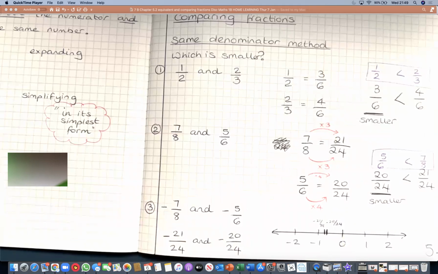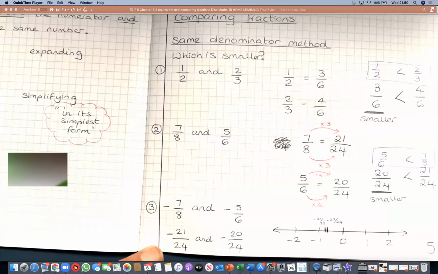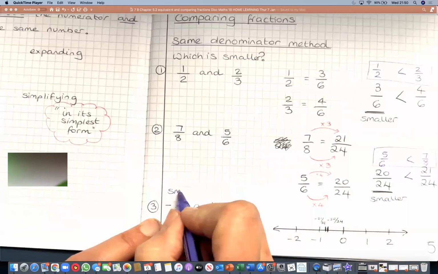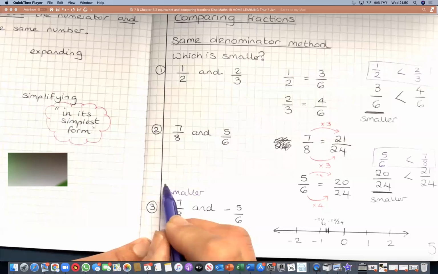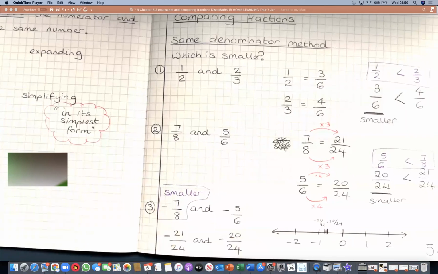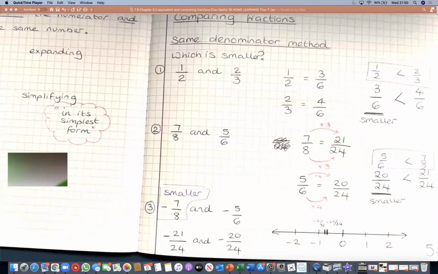So if we're looking for the smallest out of these two, this time, instead of 5/6 being smaller, it's going to be -7/8 that is smaller because it is further away from 0. So just be really careful with those negative numbers because you can get unstuck.